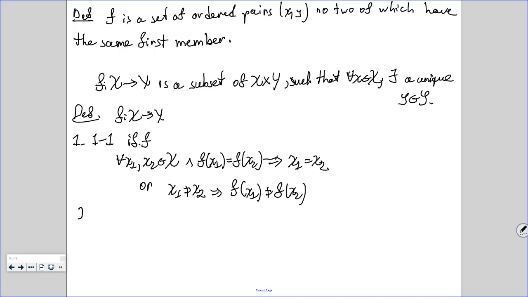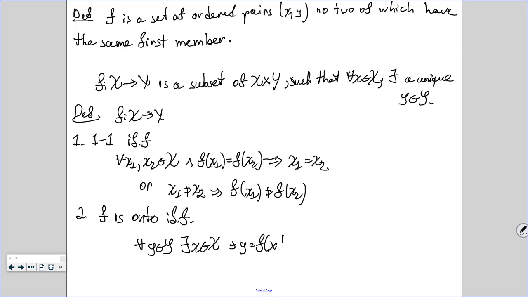The second type is onto or surjective functions. A function f is onto if and only if for each y in Y there exists x in X such that y is equal to f(x). If a function is one-to-one and onto, then it's called bijective.